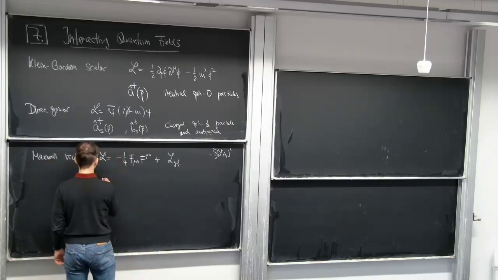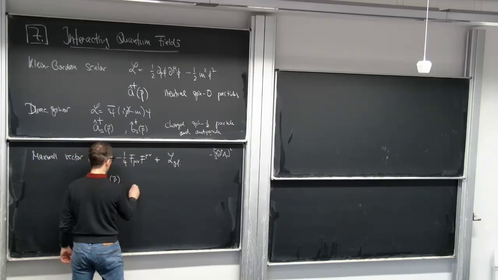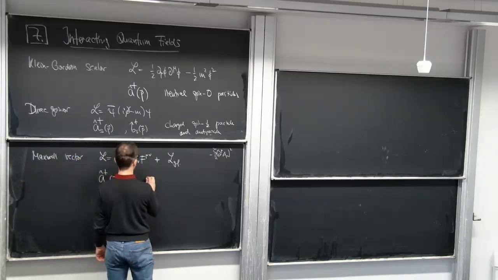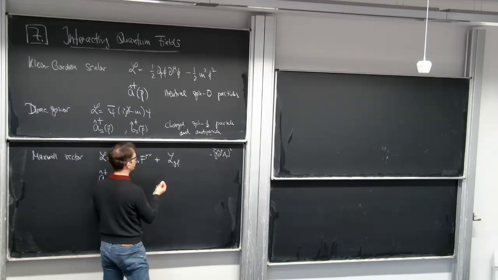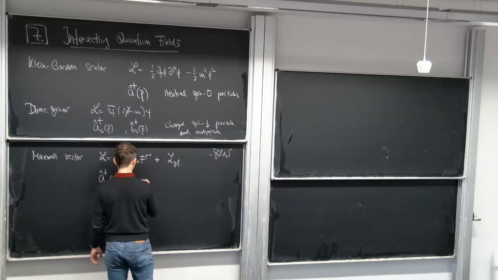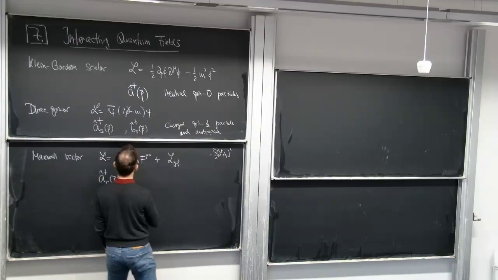And this gave us A dagger with a polarization vector, well, of course, a neutral. What else? A neutral vector particle. I'm even embarrassed to say it.